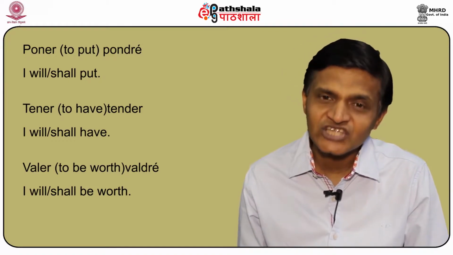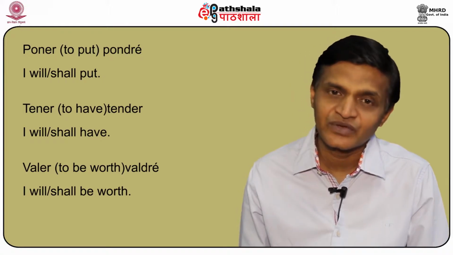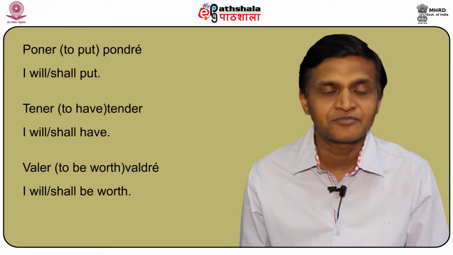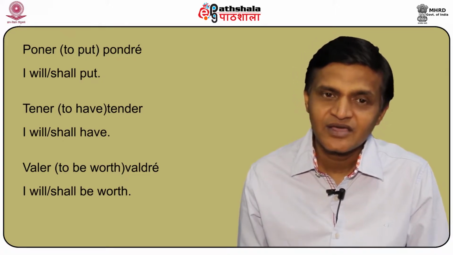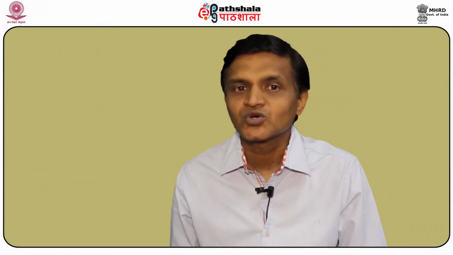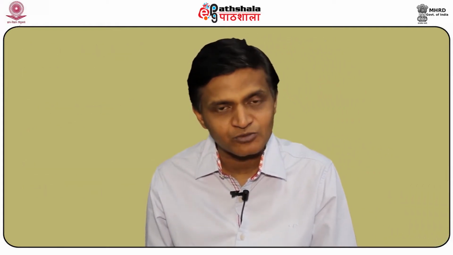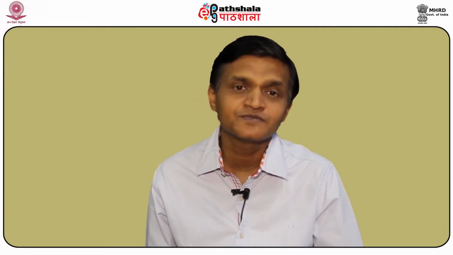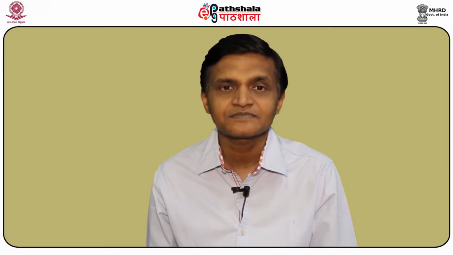I will, I shall be worth. And venir, to come, is vendré. I will, I shall come. I repeat, poner becomes pondré, tener becomes tendré, valer becomes valdré, and venir becomes vendré. So even in these so-called irregular verbs, there is a pattern to be followed, and all you have to do is to memorize the pattern and you will not commit any mistakes.